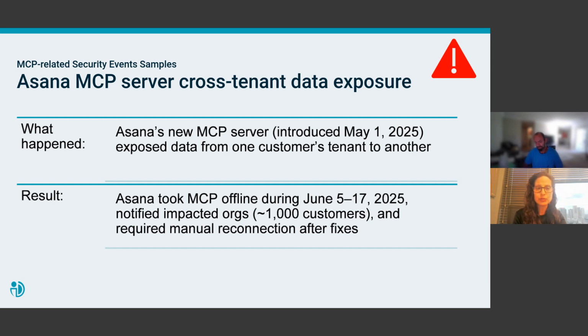The result was they had to immediately take off that MCP server. They notified all the customers, all the organizations that were impacted, approximately 1,000 customers, and eventually they released a fix and asked their customers to update accordingly. But that just shows one type of risk associated with those MCP servers.